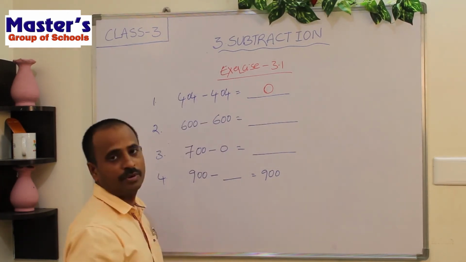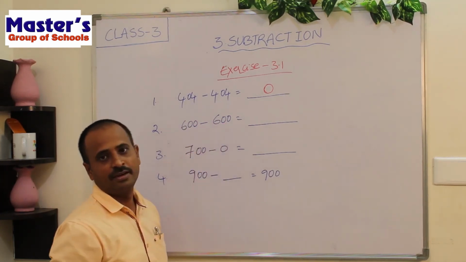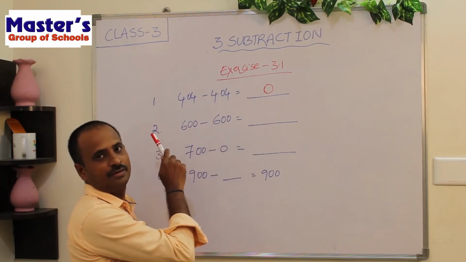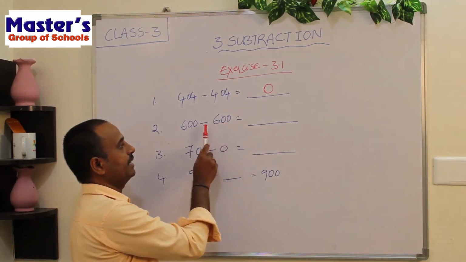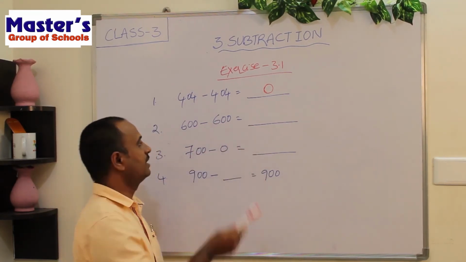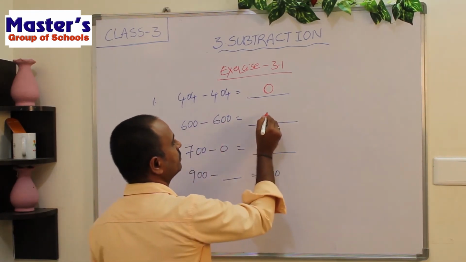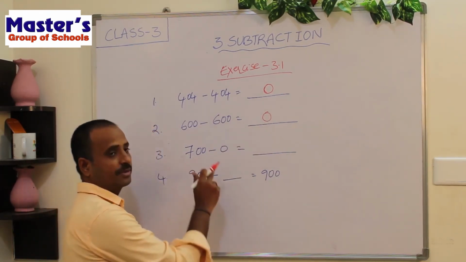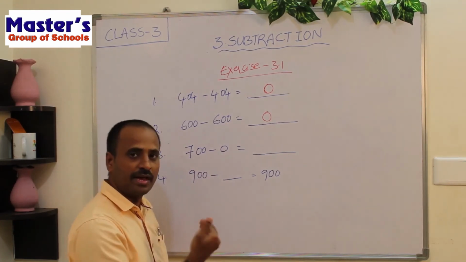Again, see the second problem. Here also, 600 minus 600. That means we have to subtract 600 from 600. According to the properties of subtraction, if a number is subtracted from itself, the answer is 0. The answer is 0. Next, see the third subtraction, 700 minus 0 is equal to dash.